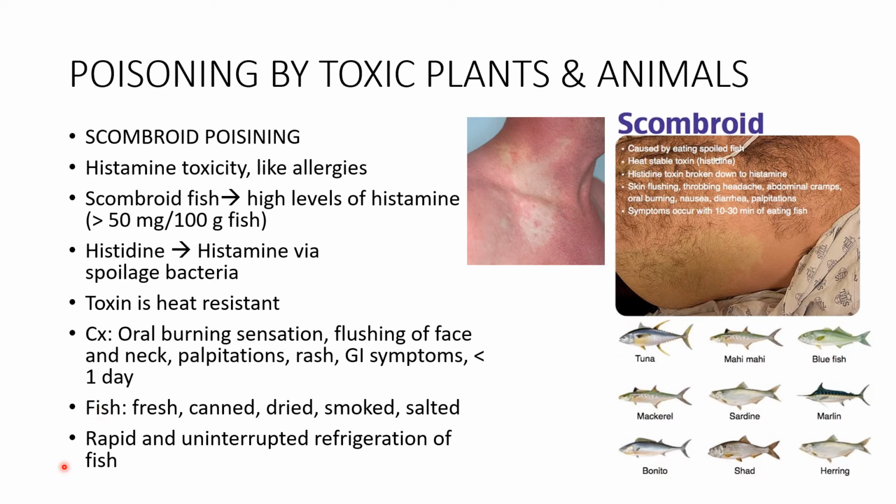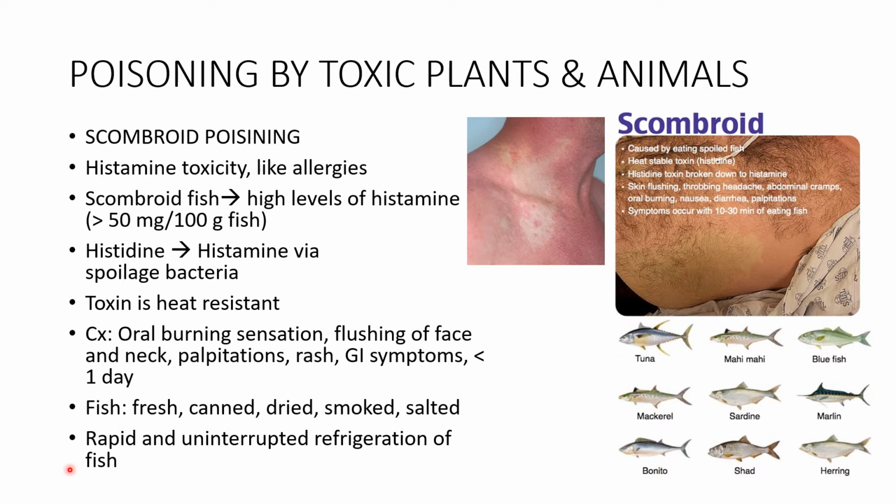Take note also that scombroid poisoning is self-limiting. Examples of fish commonly implicated are fresh, canned, dried, smoked, or salted fish.